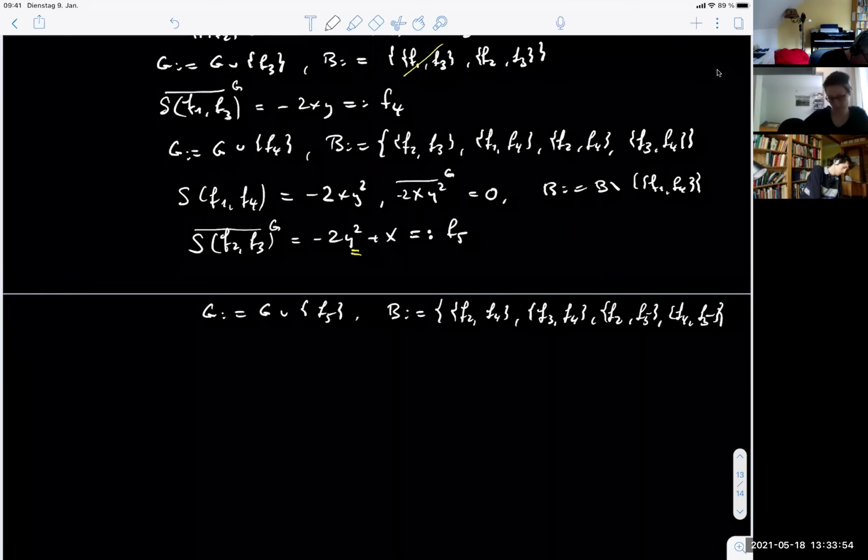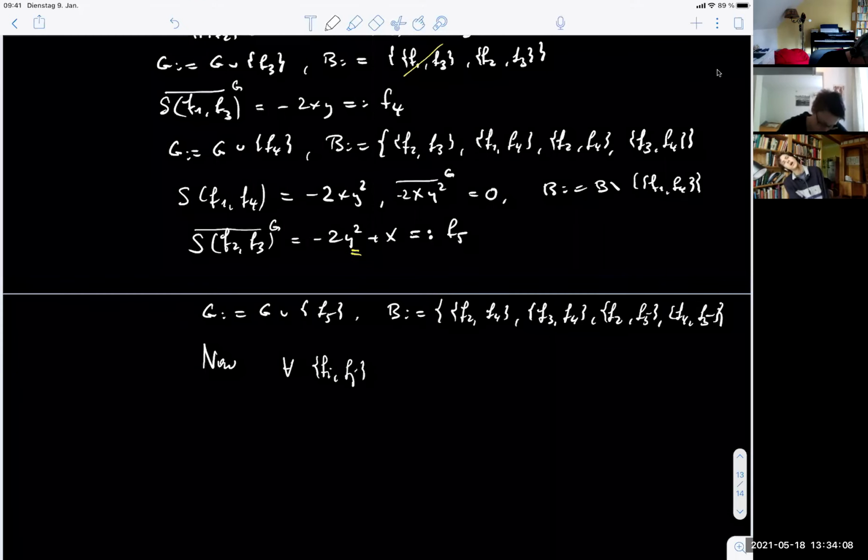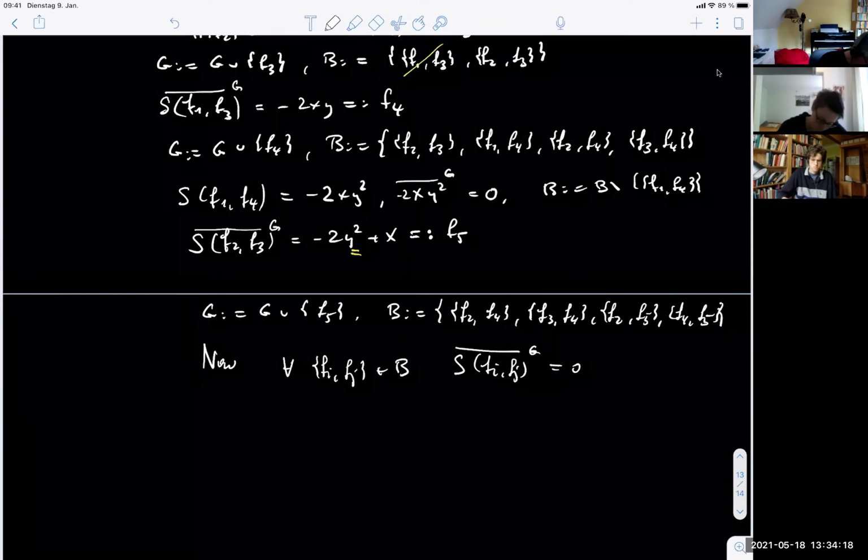Now, computation shows good for all pairs fi, fj in B. One checks now by computation that the S polynomial reduces to 0. This is a computation.